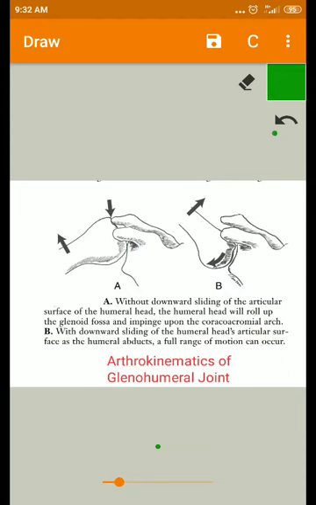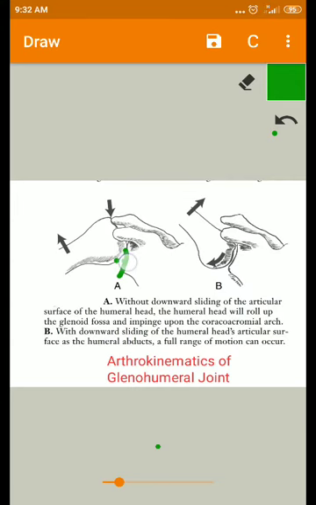Here the convex humeral head has a substantially larger surface and may have a different radius of curvature than the shallow concave fossa.